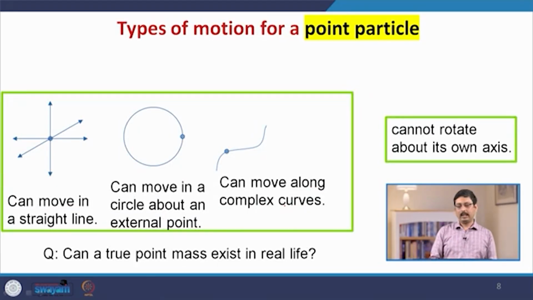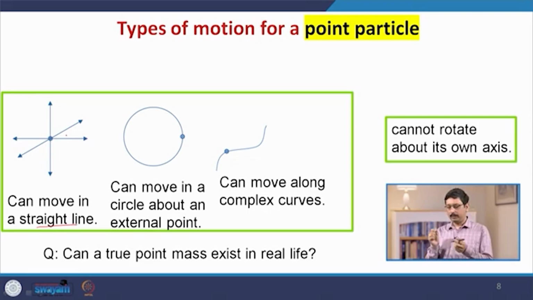Now, what are the types of motion that a point particle can have? How can it move? There are three basic types of motion you can easily think of. One is that it can move in a straight line. That means that it is moving without changing its velocity. These arrows here represent the possible direction of velocity of the particle.